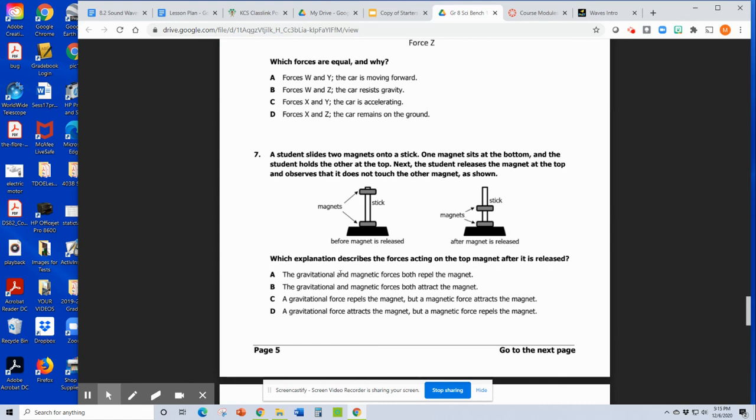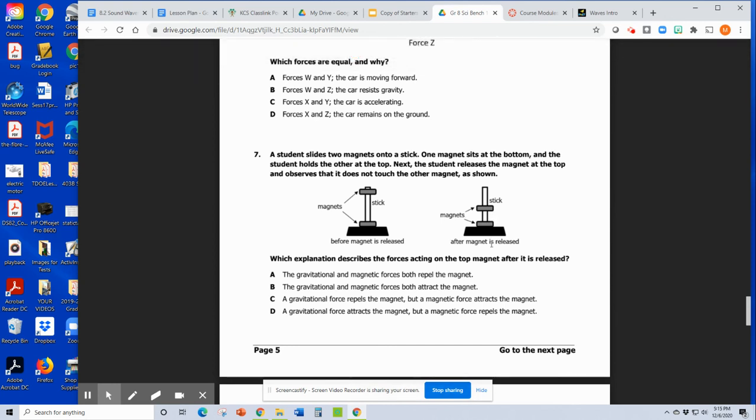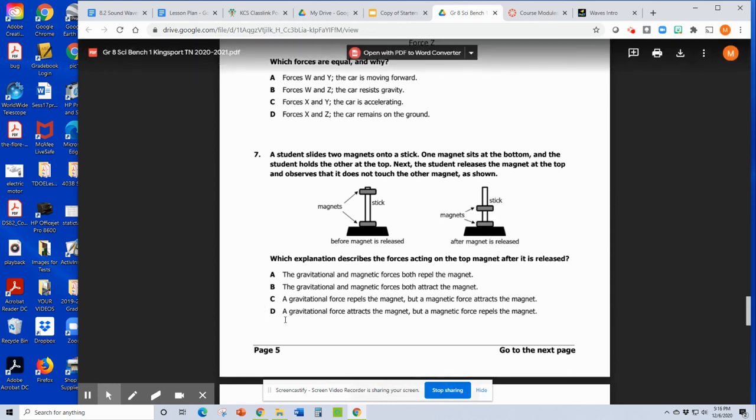So let's see. The gravitational and magnetic forces both repel the magnet. No, gravity is always going to attract. Ooh, look down here. A gravitational force attracts the magnet, but a magnetic force repels the magnet. There we go. It's D, because I know that gravity always attracts. It's a one-way force, and the answer is D.